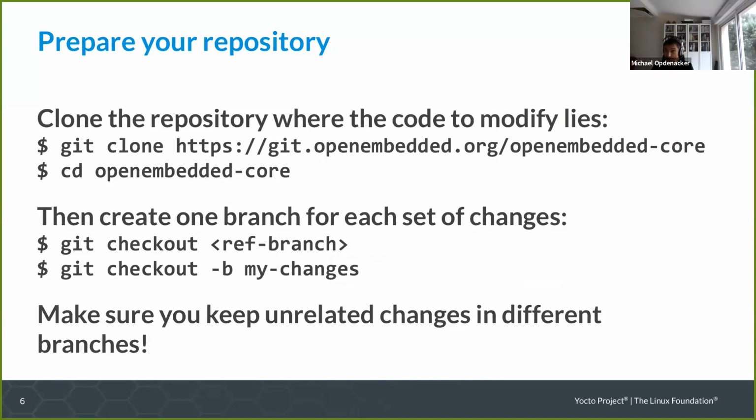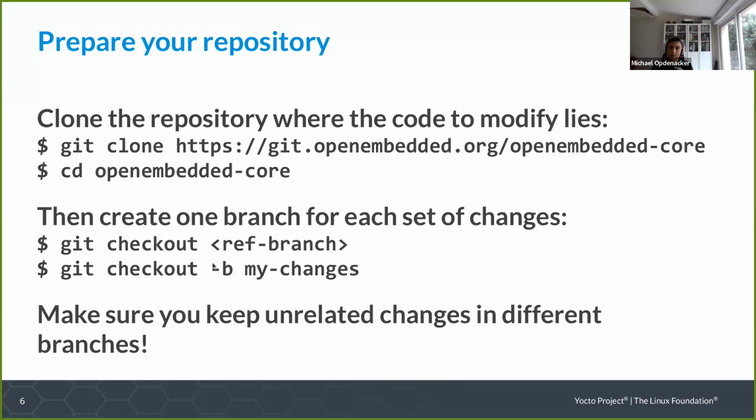Then prepare your repository. So you found something to change, to improve, to fix. In one of the repositories, you found the source, or the corresponding repository. So you clone the repository, and then typically what you're going to do is check out the branch you want to modify and create a new branch for each set of changes.